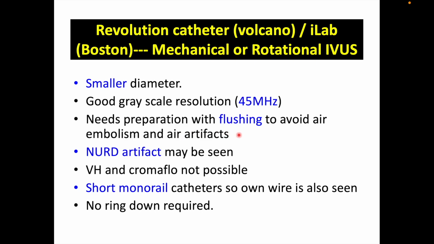This does not happen with the Volcano catheters. The NURD artifact may be seen with these short monorail catheters, so they can see their own wire also. They do not require a ring down, and virtual histology and ChromaFlo technology is not available in this catheter.